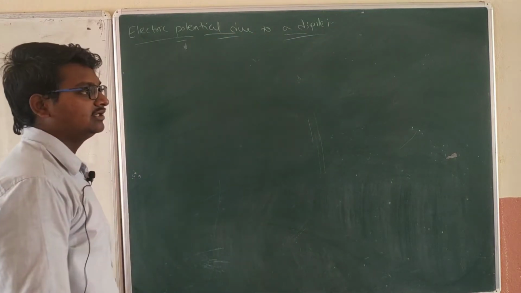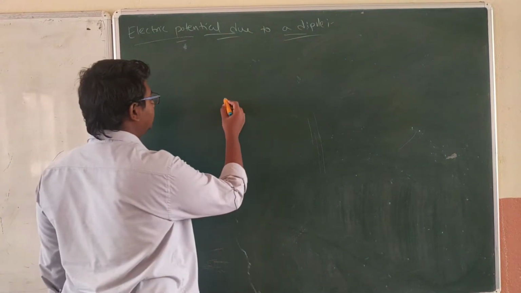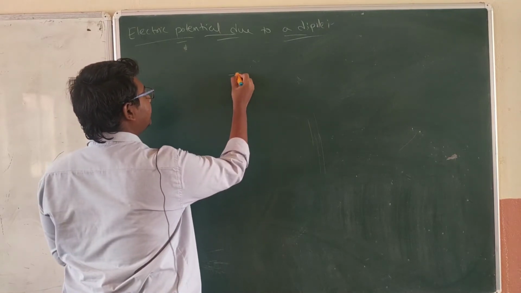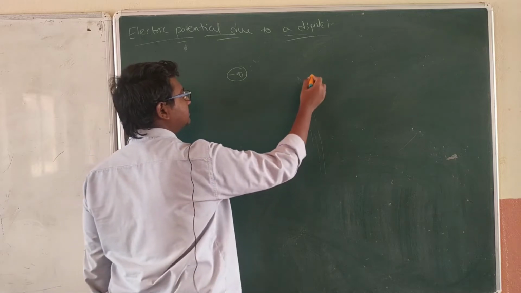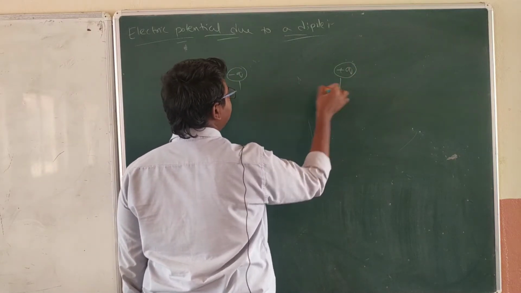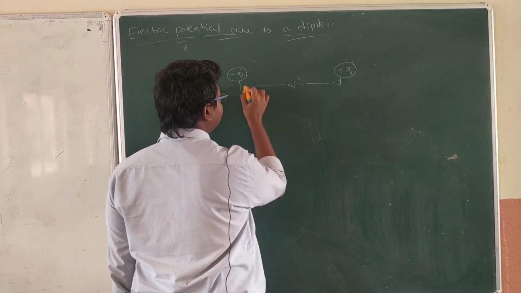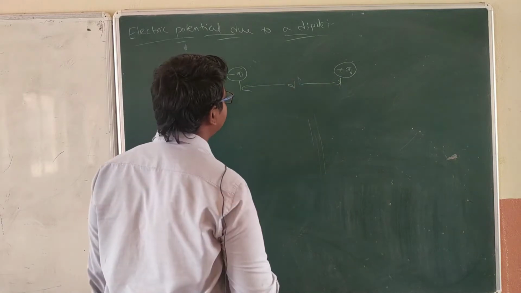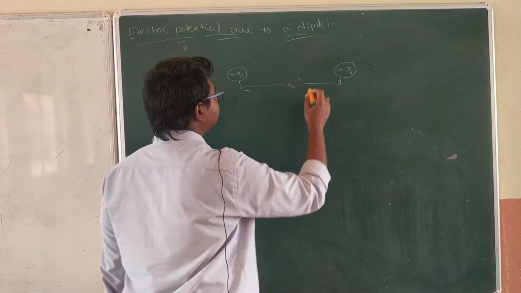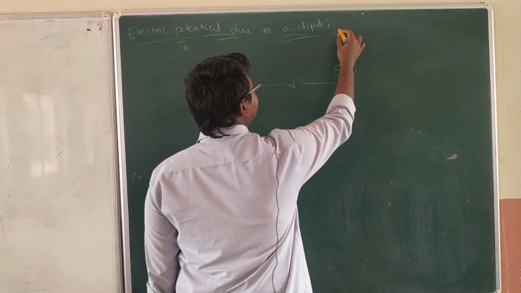Electric potential due to a dipole, right? Now here I am considering first a negative charge minus q, and here I will consider a positive charge plus q, which are separated by a distance d, right? Now let's consider a point.